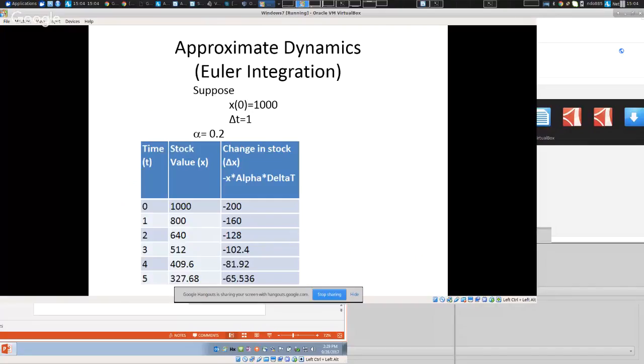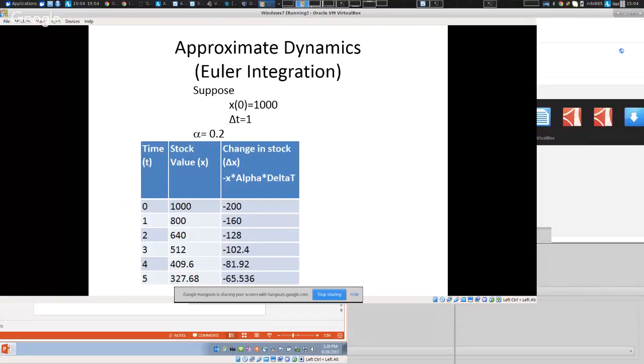To figure out the change of the stock over the next little delta t of 1 time unit, it's simply the stock value times alpha 0.2 times delta t, or 1, which would be minus 160. Where did that come from? 800 times 0.2 times 1, right? Okay, now the stock's going down between 1 and 2 by 160.